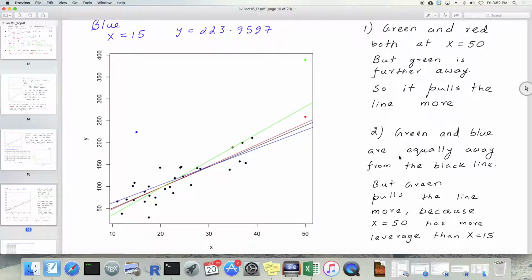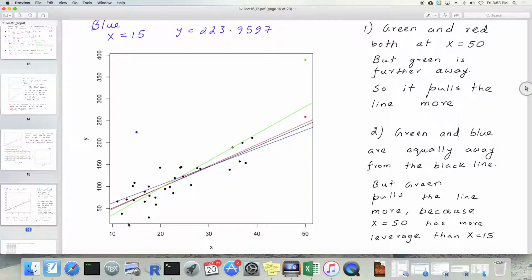Finally, we just add one more point, the blue point. For the blue point, x is 15. That means x takes a value which is not an outlier. It's a usual value, it very much belongs to this range.